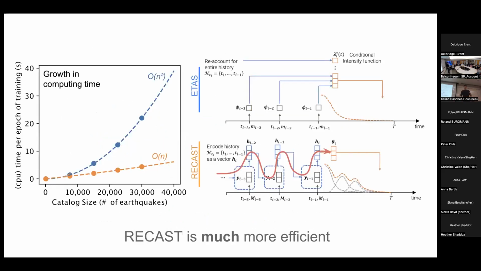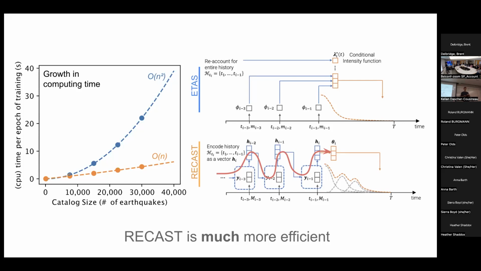So this model has, at the very least, very practical advantages over an ETAS model. As I alluded to earlier, ETAS is a model that requires a reference to all previous events in the sequence to evaluate the likelihood of an upcoming event.